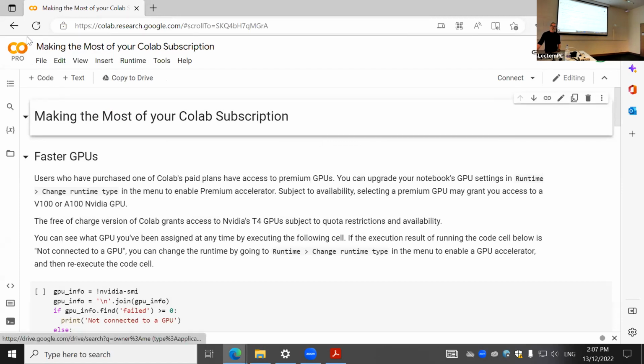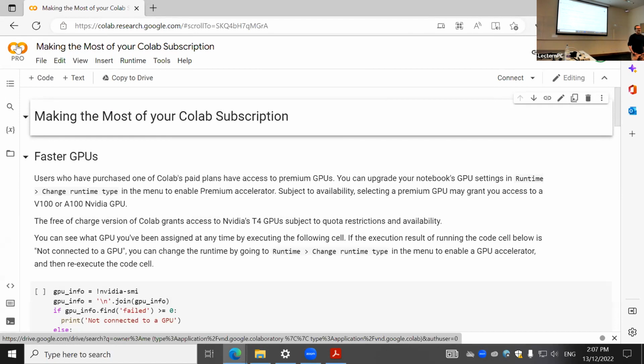Now, having said that, you can see that I've got a little pro badge there. That means I'm paying $10 US a month to Google. The deal is that if I pay that, Google promises they'll give me priority when they allocate hardware. They don't promise what kind of hardware I'm getting.